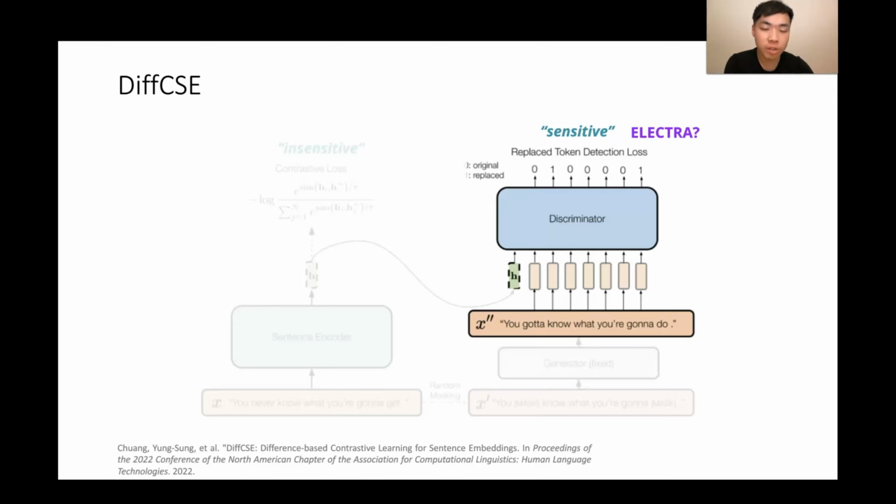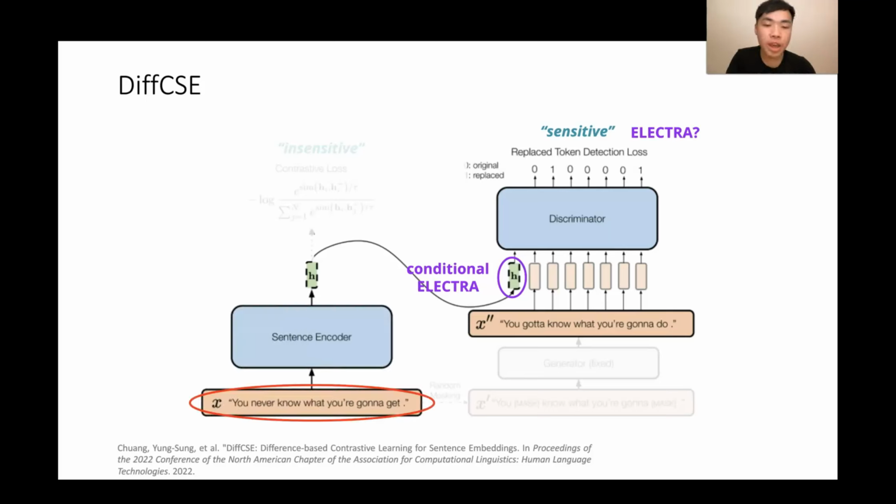But a huge difference here is that the discriminator is conditioning on the sentence embedding produced by the sentence encoder. And the gradient of the discriminator can be backpropagated into the sentence encoder. So the sentence encoder will try to compress the original information as much as possible to help the discriminator distinguish the difference between the original input and the modified input.